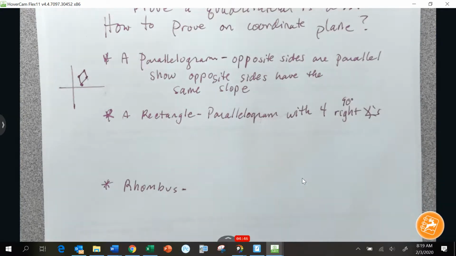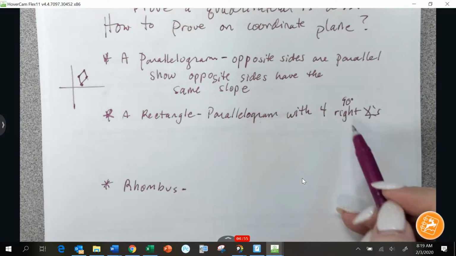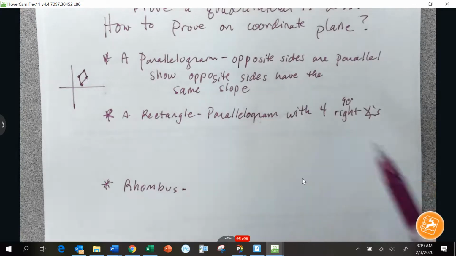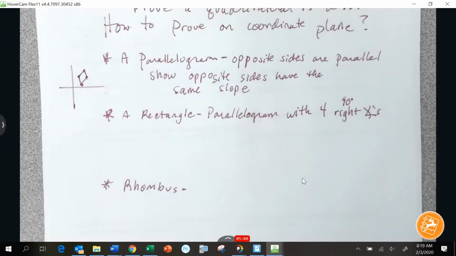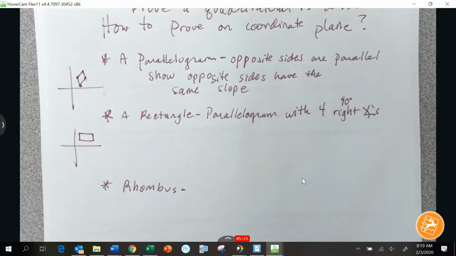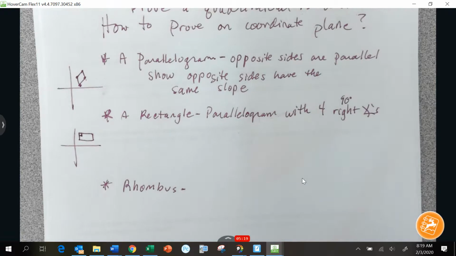So we need to prove this on a coordinate plane. What shows you right angles on a coordinate plane? Distance formula tells me how long something is. But what tells me that I have 90 degrees between two sides?